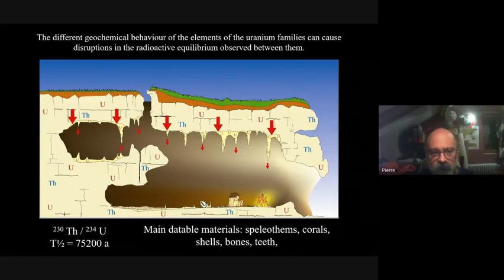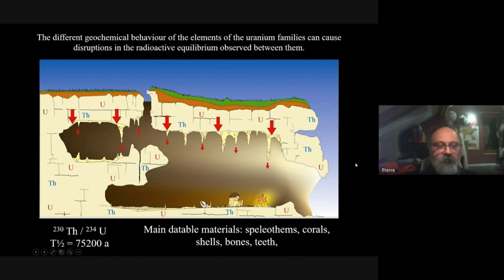So in this kind of environment, the water dissolves carbonate and produces some speleothem when it arrives into a cave or into a spring or something like that. And this carbonate, at the beginning, contains only uranium and absolutely no thorium, because thorium stays in the mother rocks, and only the uranium moves with the water.